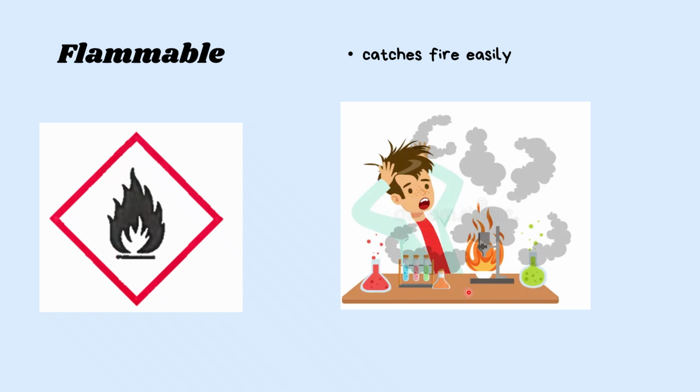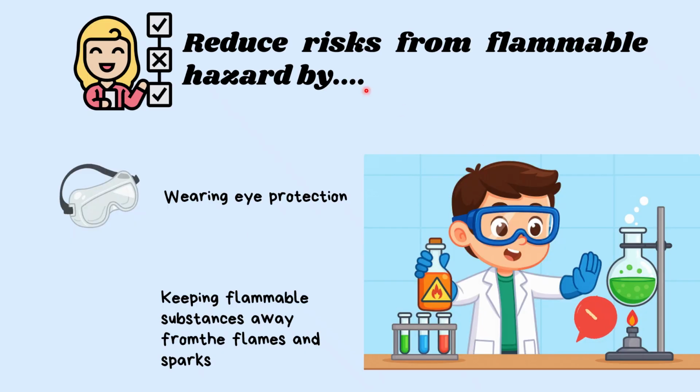It can lead to a dangerous accident, so please keep it away from the fire. Now, these are the different ways that you're going to keep yourself safe from these flammable hazards. Firstly, you're going to wear gloves and eye protection to keep yourself safe. And the most important thing is to remember to keep these flammable chemicals away from the flame source.